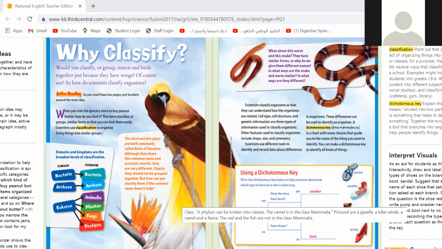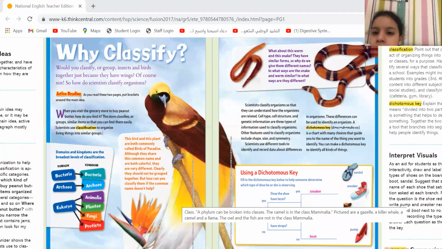Come on. Mammals, and what else? Amphibians, birds. See, these are classes.